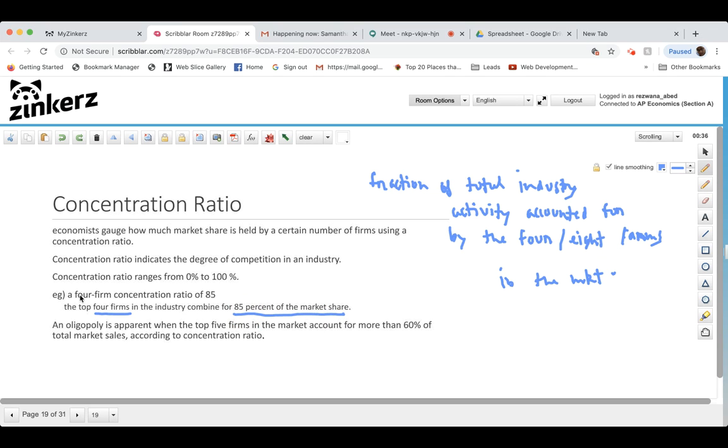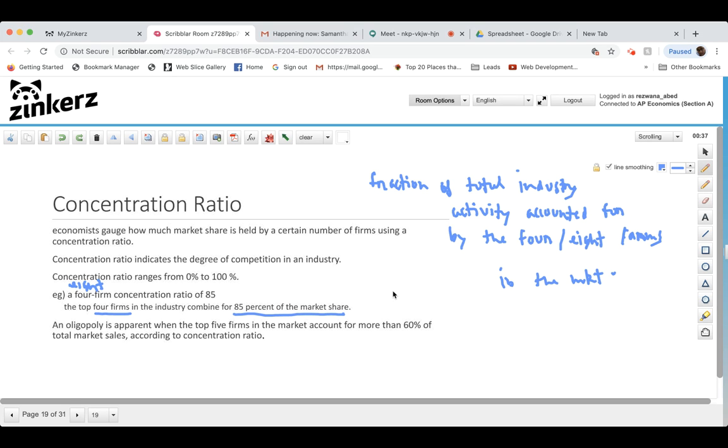If I had told you it was an 8-firm concentration ratio of 85%, it would only mean that the top 8 firms in the industry combine for 85% of the market share.